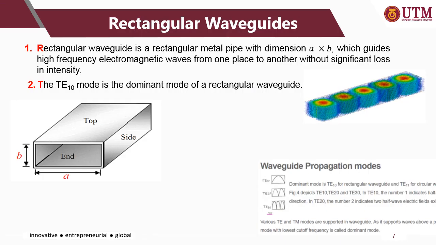Okay, let's look at the rectangular waveguide. A rectangular waveguide is basically a rectangular hollow metal tube with dimension A multiplied by B, where A is the width and B is the height of the structure, which guides high frequency electromagnetic waves from one place to another without significant loss in intensity or efficiency.